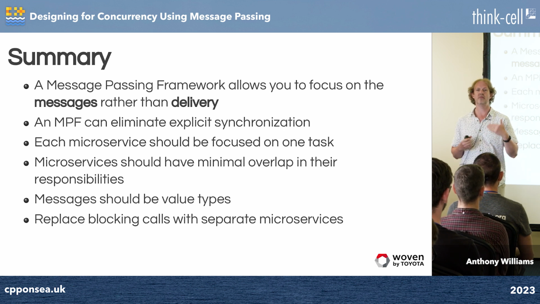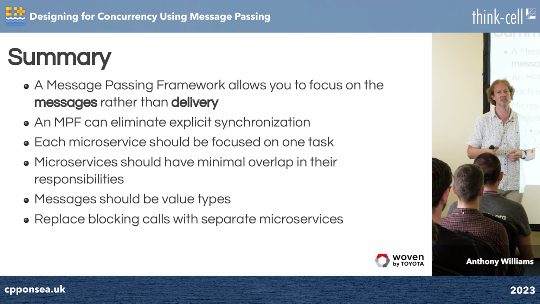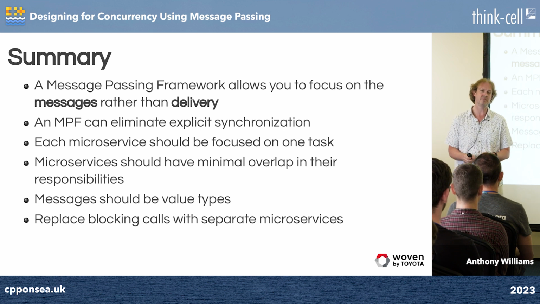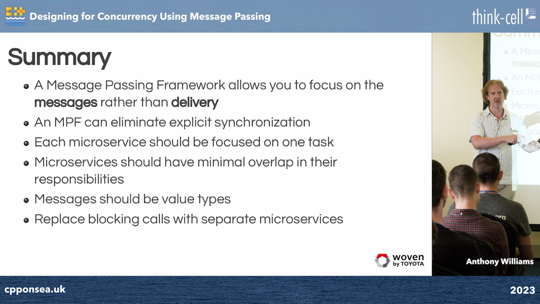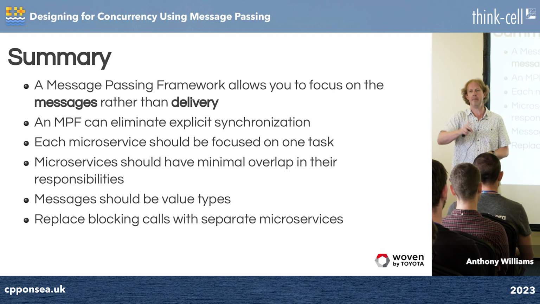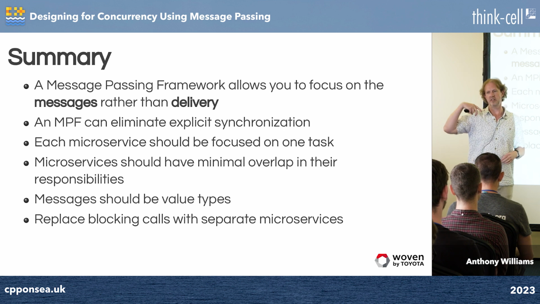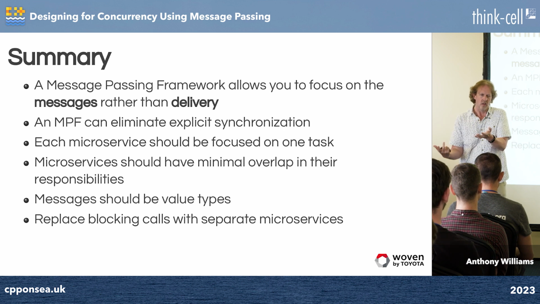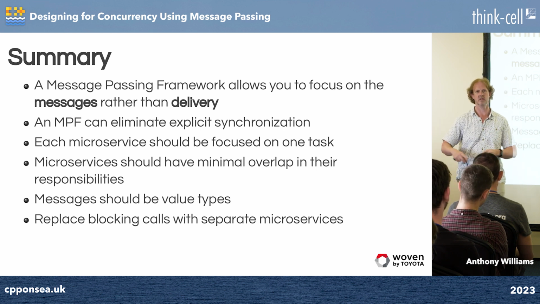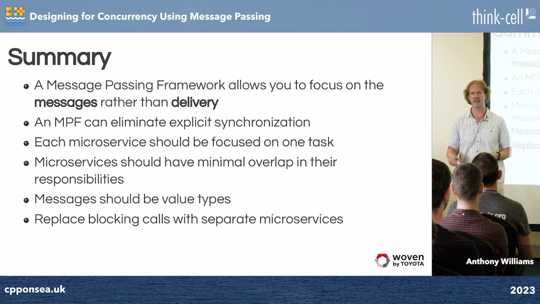And then if you have things that would naturally be blocking calls, move that to a separate service. You might end up with some low-level services that have nothing but blocking calls internally, but for the rest of the system, they don't need to worry about that. They send it a message, and it will happen at some point. The fact that that microservice can only process one thing at a time because it's got internal blocking calls is mostly not a big deal, because if you've divided things up as small as you can, it's only going to be processing one thing at a time anyway.